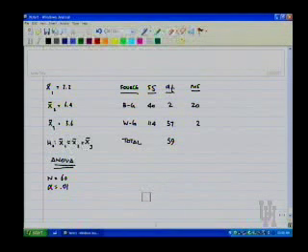Analysis of variance relies then on an F statistic. This is simply the analog to Z or T. And F is computed by dividing the mean square for the between group term by the mean square for the within group term.